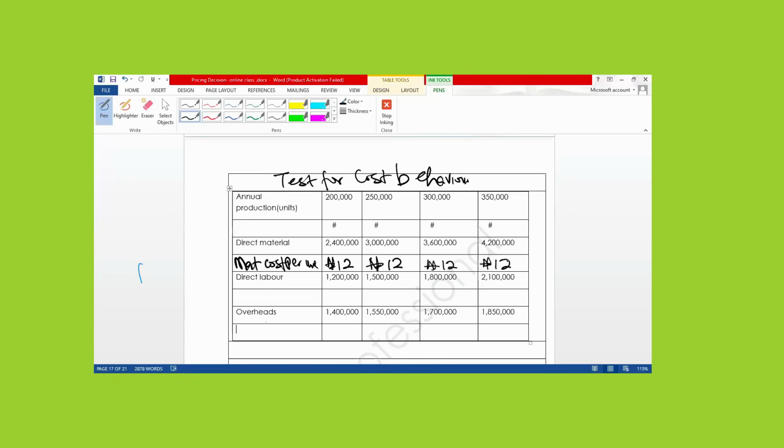I'll take that again. As production volume increases, total material cost also increases, but material cost per unit is constant at 12 naira. This is an indication that direct material cost is a variable cost.